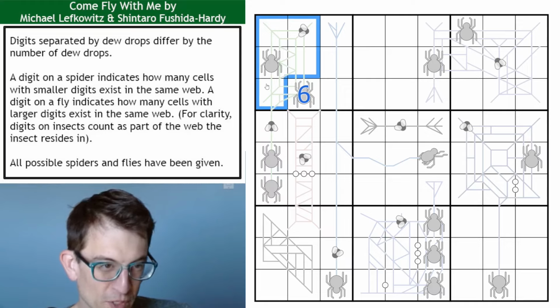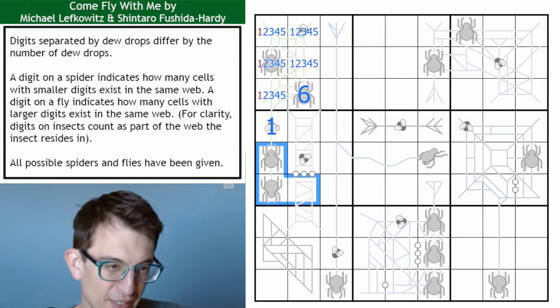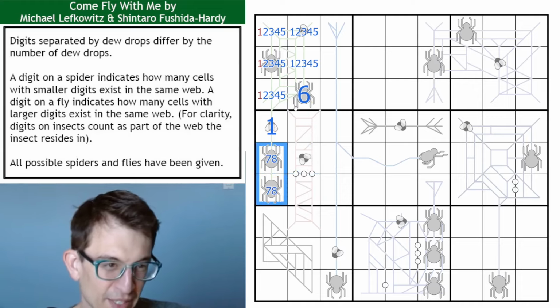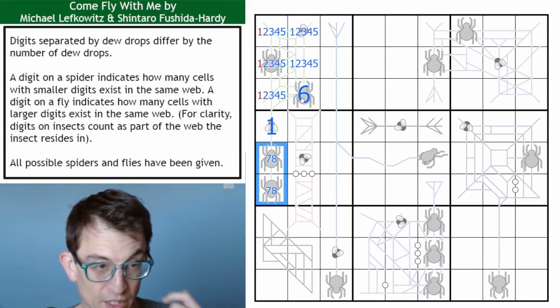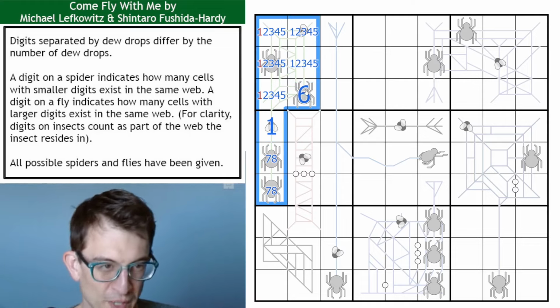So these might be 1, 2, 3, 4, 5. That would be 5 digits less than 6, and then one of these, so maybe this would be 1. And these might be higher, right? So these might be a 7, 8 pair or something. Something like that could work because this 6 counts these 6 digits on the same web, which are all less than 6. So that's what spiders do.